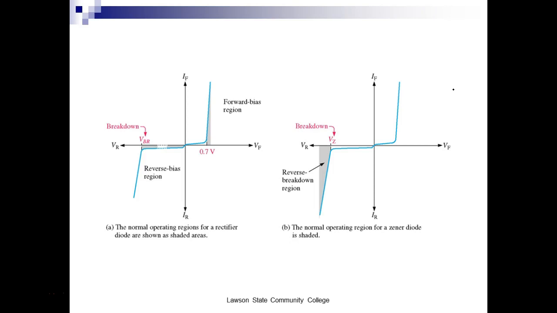So what we're doing is that for the Zener diode, the breakover voltage is going to be relatively low, right? On a rectifier diode or small signal diode, the breakover voltage is going to be relatively high, right? Understand? Okay.